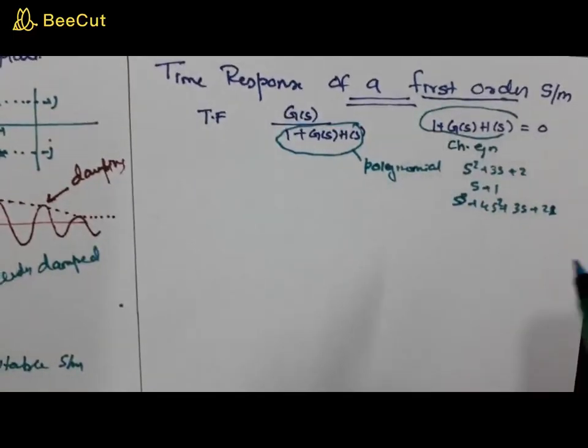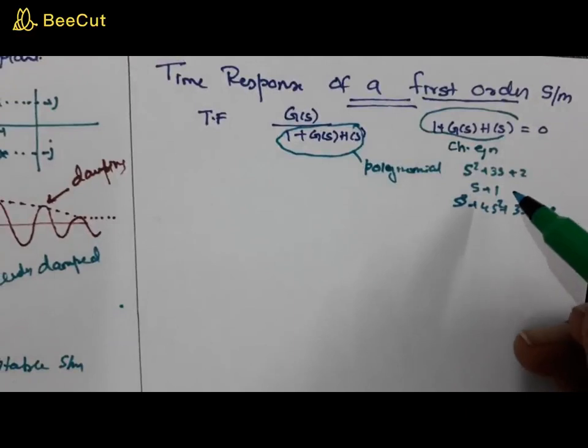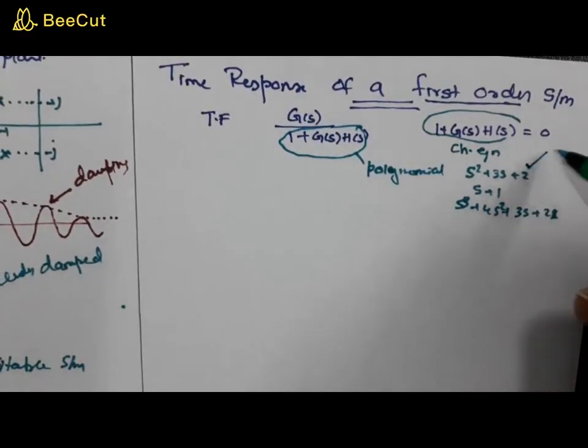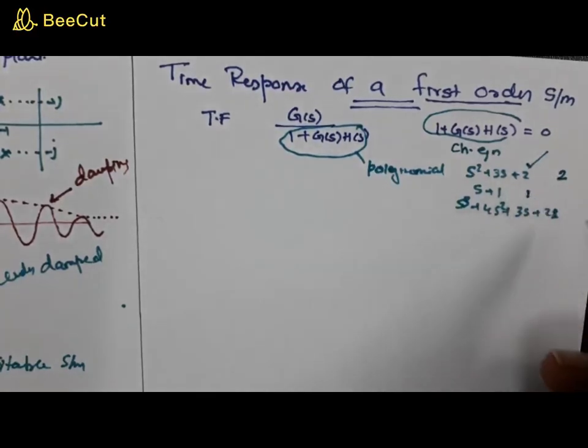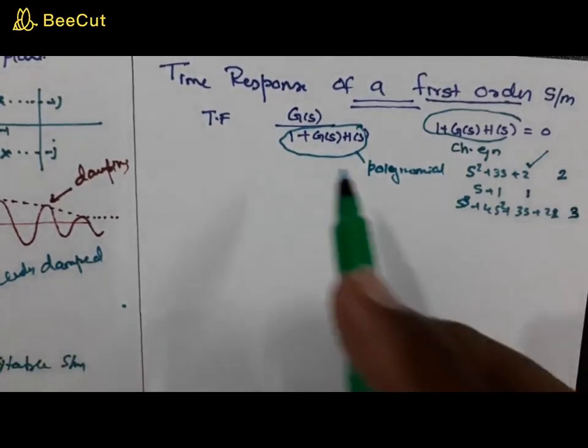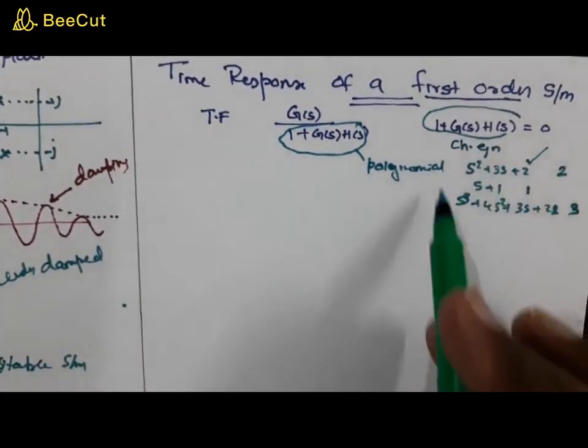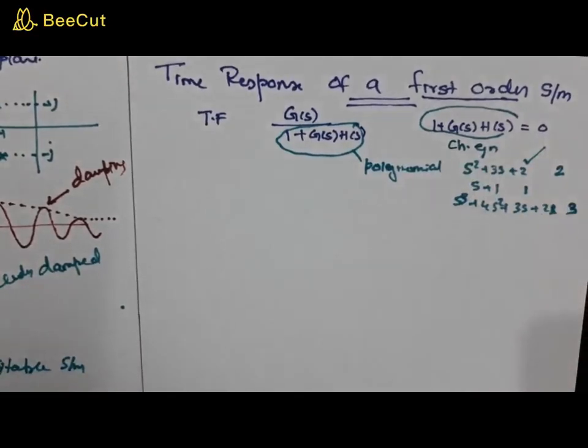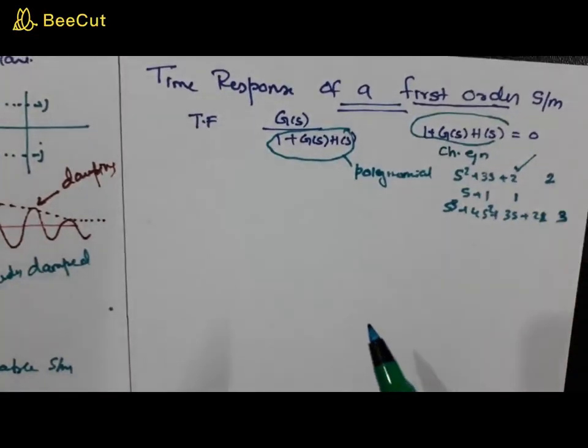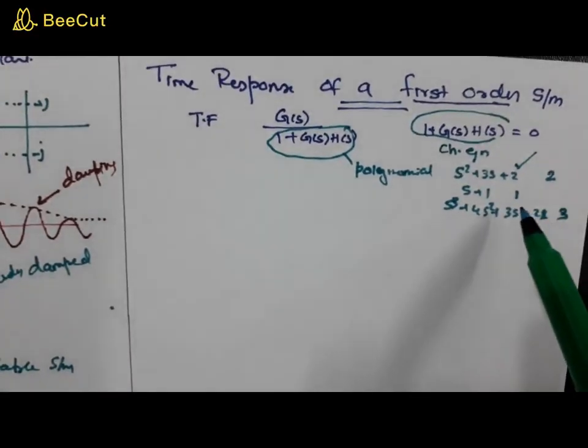All these are polynomials, but they differ in their degrees or orders. So we will call this a polynomial of order 2, this a polynomial of order 1, and this a polynomial of order 3. When you look at the characteristic equation, you can see polynomials of different orders, starting from 1, 2, 3, and so on.